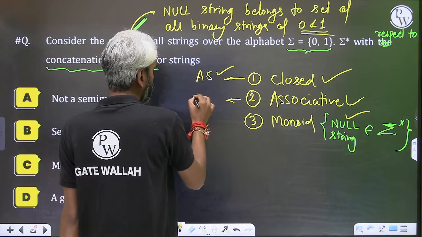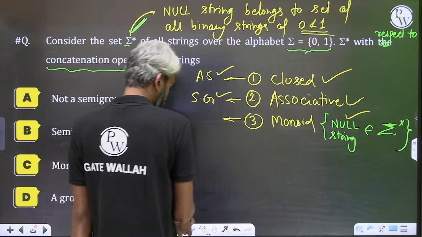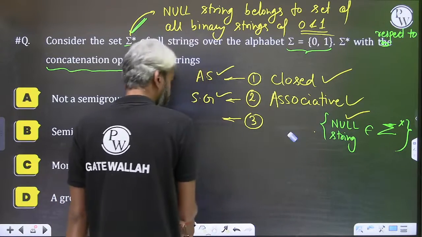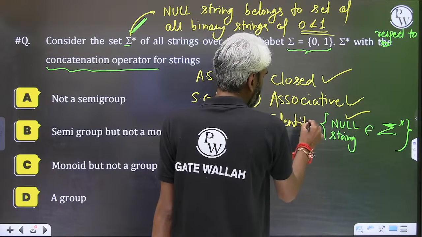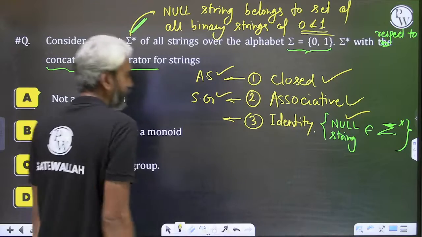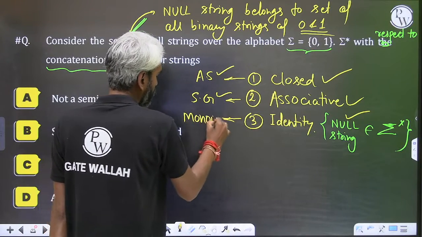Because it is associative, it is a semigroup. Because the identity, the null string, belongs to sigma star, it is a monoid as well.